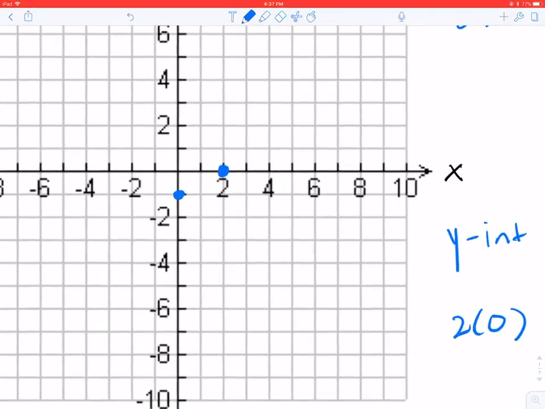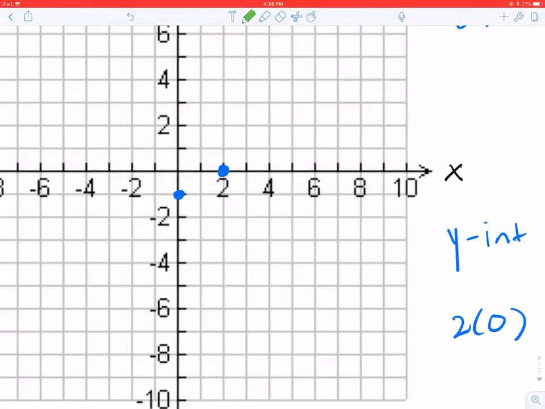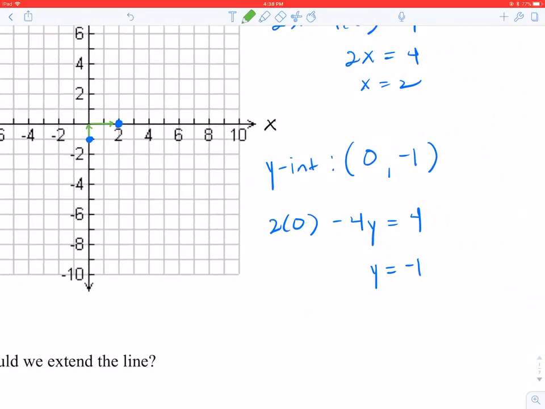So this first point here that looks like it's at (0, -1), to get to the next point, which is at (2, 0), I would have to go up 1, so my rise would be 1, and then to the right 2, so my run would be 2. So the slope of this line appears to be m, right? We use m to represent the slope, is 1 over 2, or 1/2.